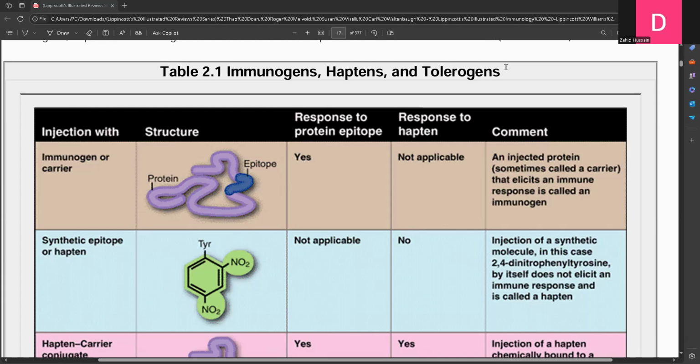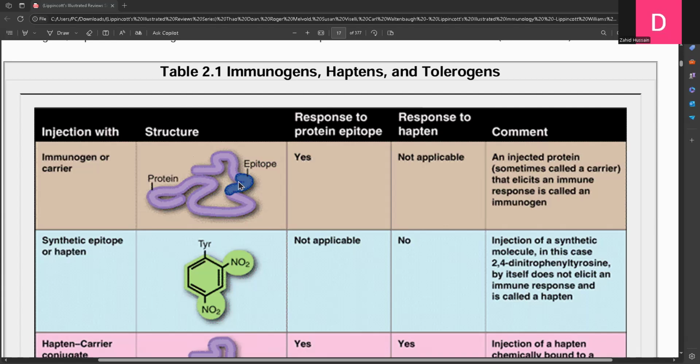So if we inject an immunogen, or carrier, the structure will be a protein which has different spots that work as antigenic determinants or epitopes.